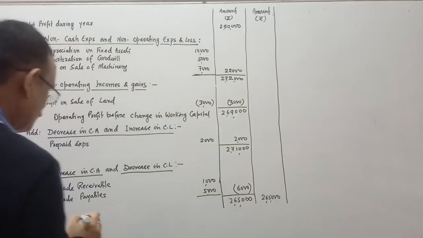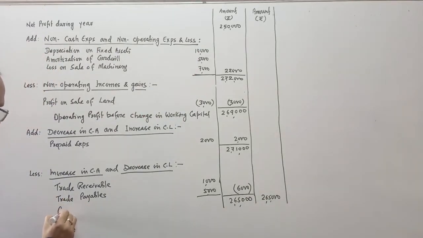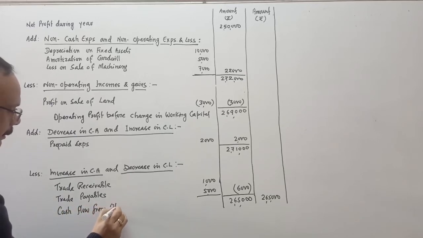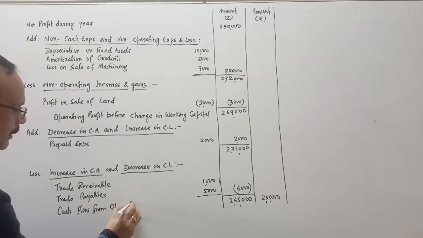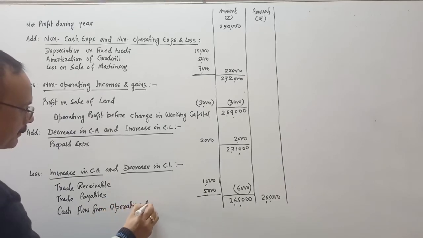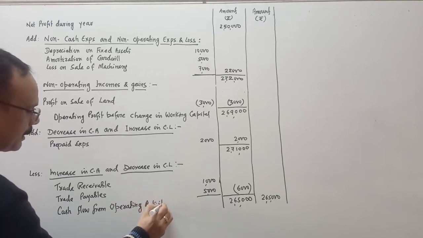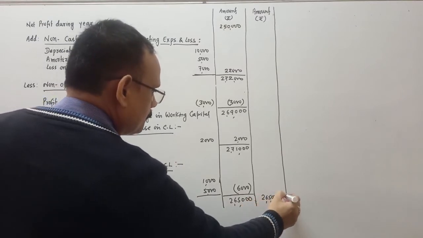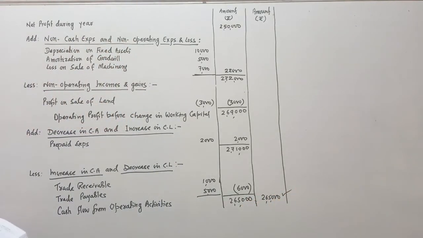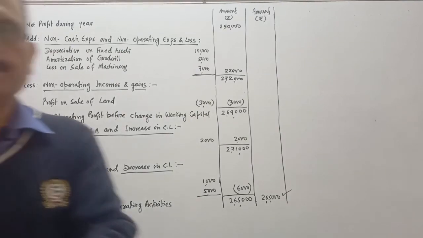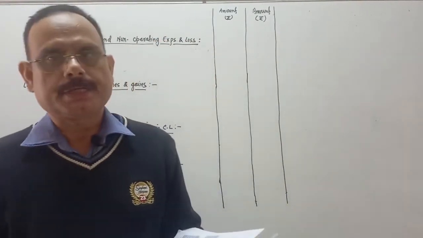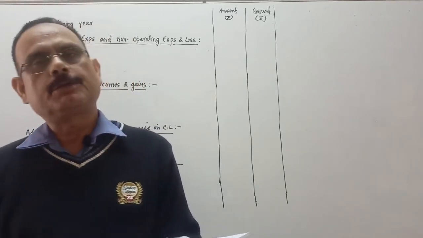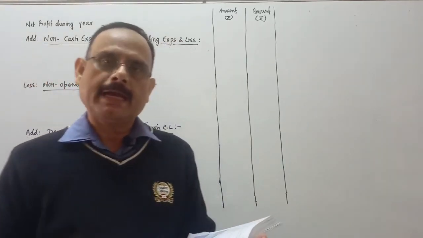So this is cash flow from operating activities: 2,65,000. Okay. Now come to the next question based on calculation of cash flow from operating activities.